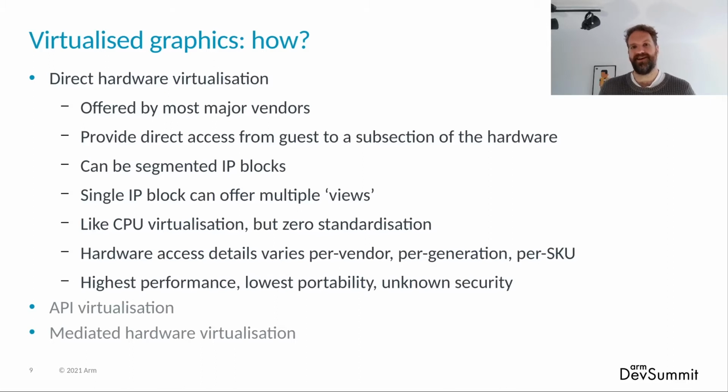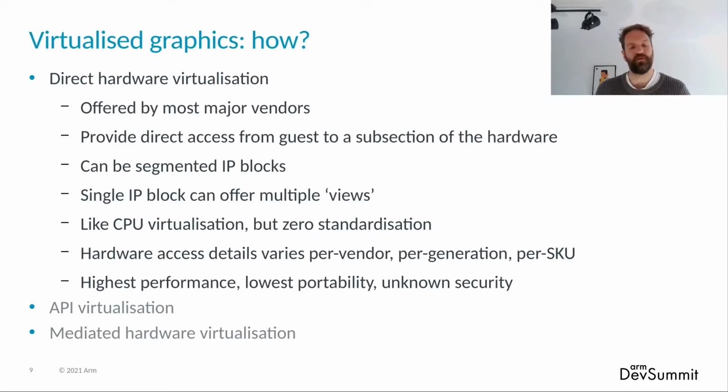So I'm not really going to go into any detail because the vendors will thank me not to. These are proprietary details of their GPUs that they don't like to talk about. And it does often tend to be a more premium feature, either with SKU binning or licensing fees or something like that.